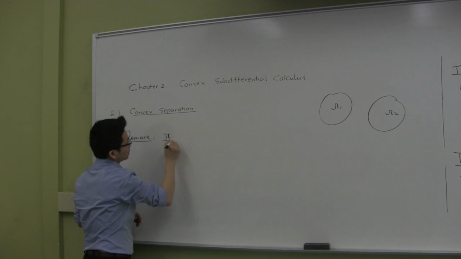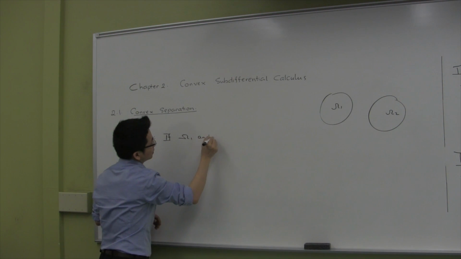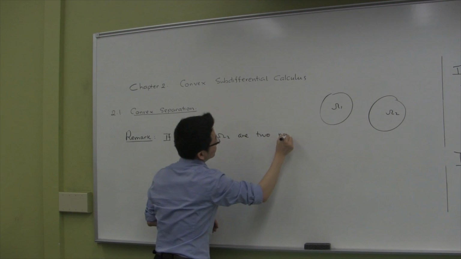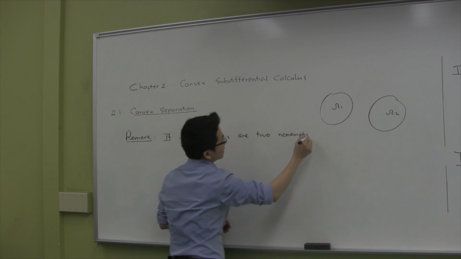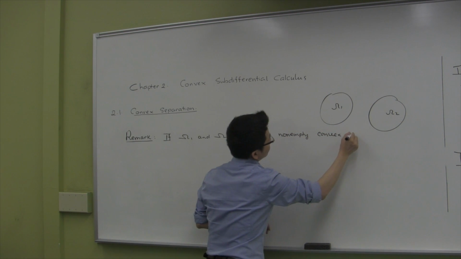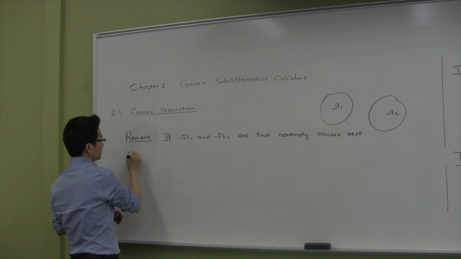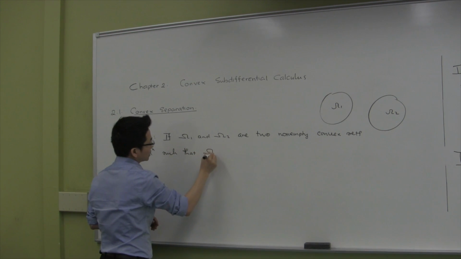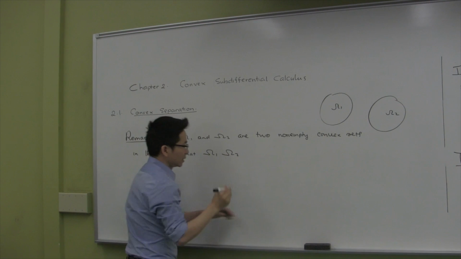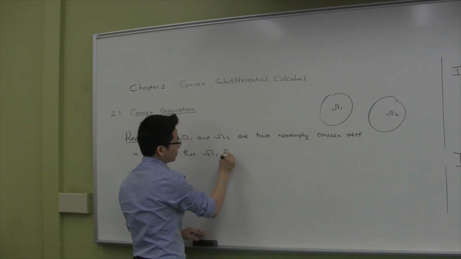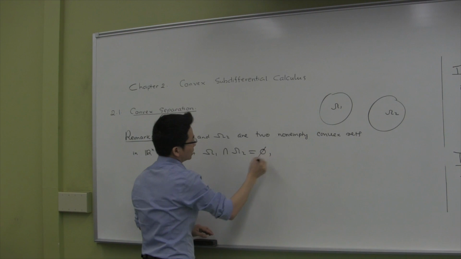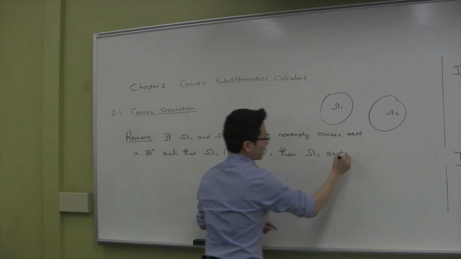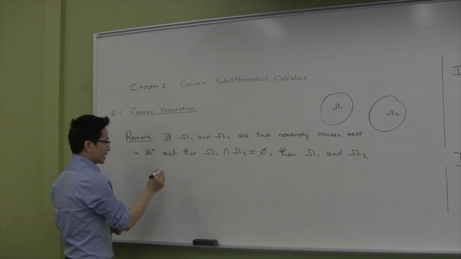If omega 1 and omega 2 are two non-empty convex sets in Rn such that the intersection of omega 1 and omega 2 is empty, then omega 1 and omega 2 can be properly separated.